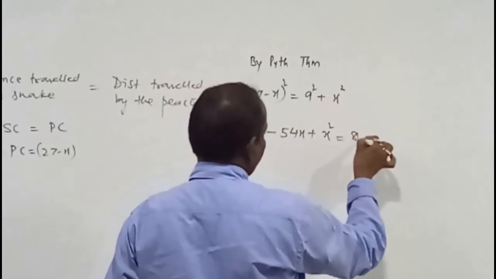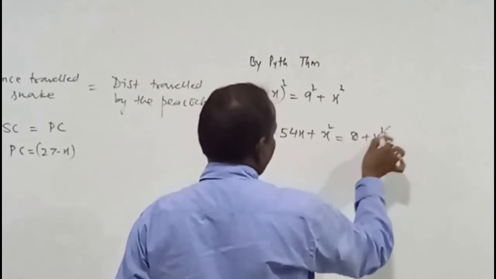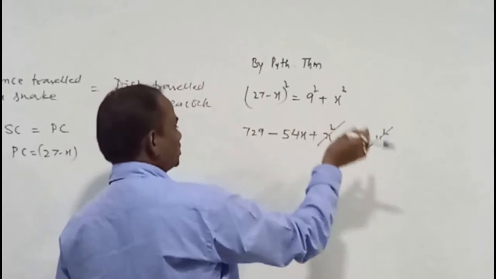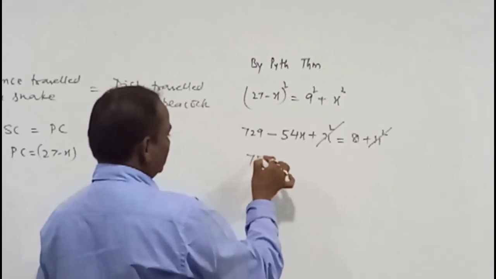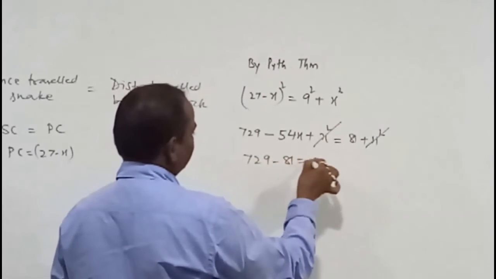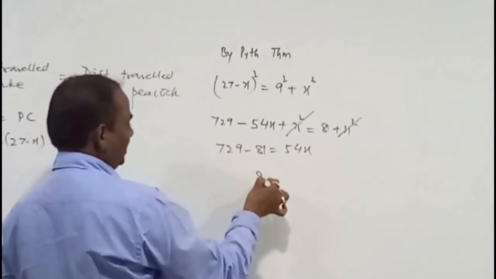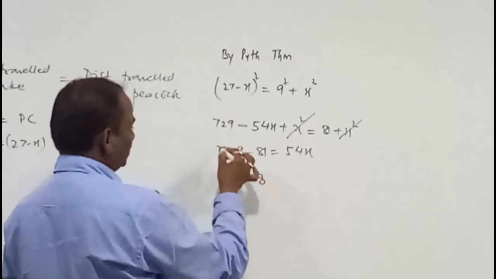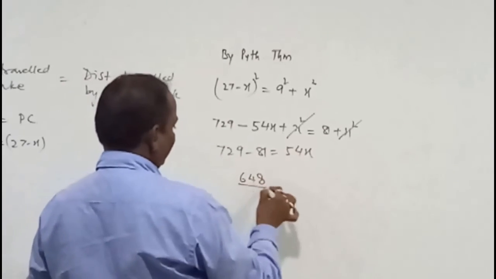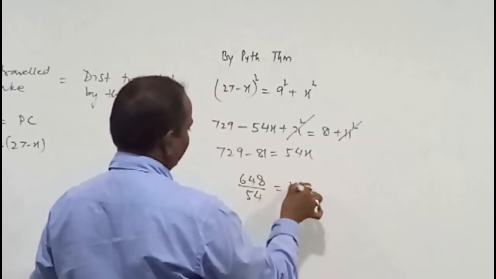This is 81 plus x square. x square कैंसिल हो जाता है, 54x को वहां ले जाओ, 81 को यहाँ लाओ, तो 729 minus 81 is 54x. इसको माइनस करेंगे, 648 equals 54x. Divide by 54 will give you the value of x.